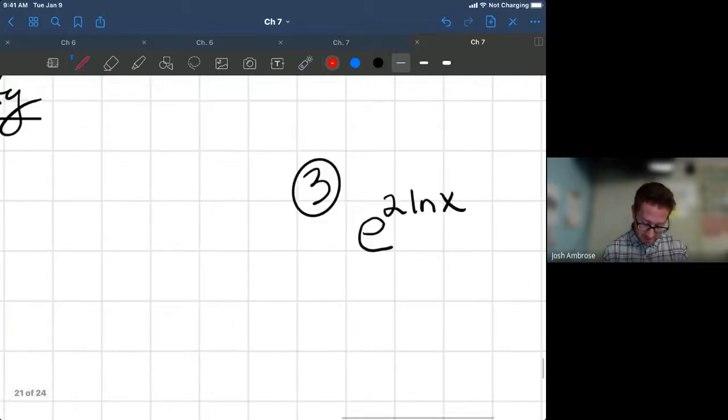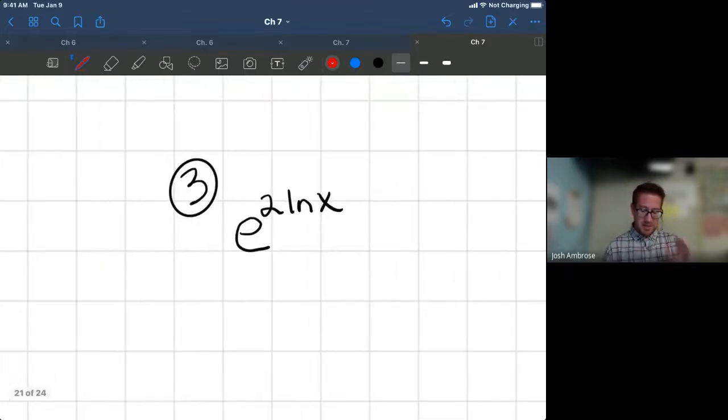All right, let's take a look at the third one here. If you notice something set up like this, where you have your natural exponential brought to the power of a natural log, that's real nice because they will cross each other out, but there's a step you need to take before.